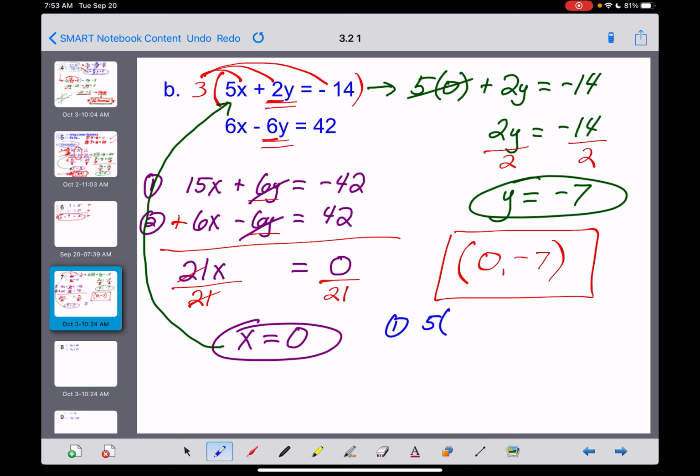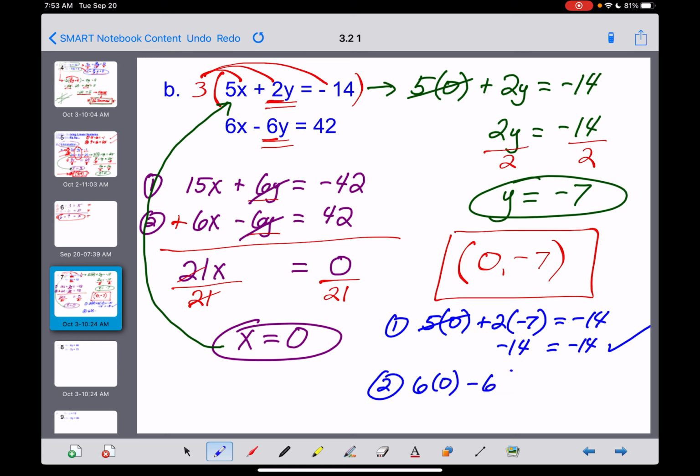5 times an x value of 0 plus 2 times a y value of negative 7 should equal negative 14. Well, that's 0. That's negative 14 there equals negative 14. Check. It works in the first one. And let's go to equation 2. 6 times an x value of 0 minus 6 times a y value of negative 7 should equal positive 42.